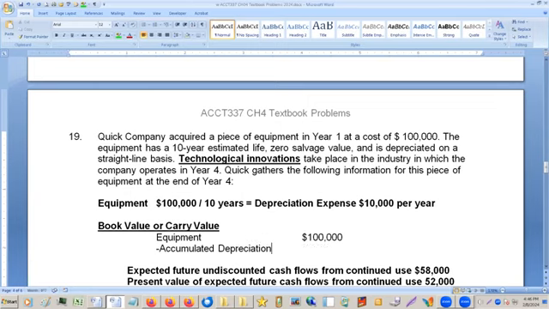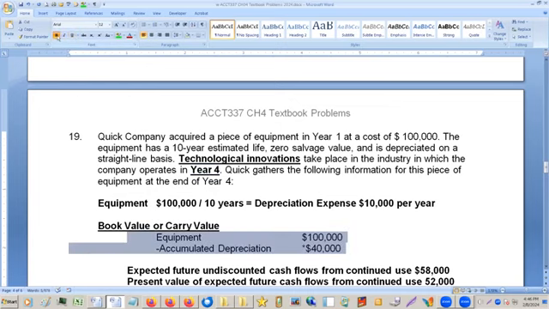I can say I'm making these mistakes because I'm sick, but it probably has nothing to do with it. All right. So we had it for 4 years, right? Year 4. There should not be an asterisk there.